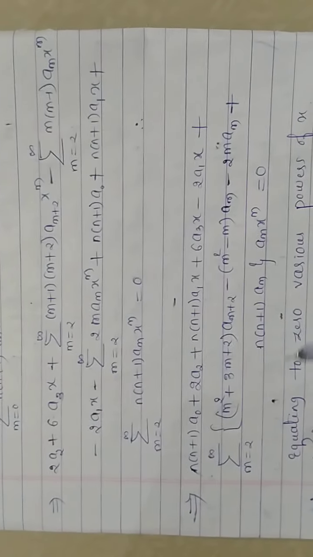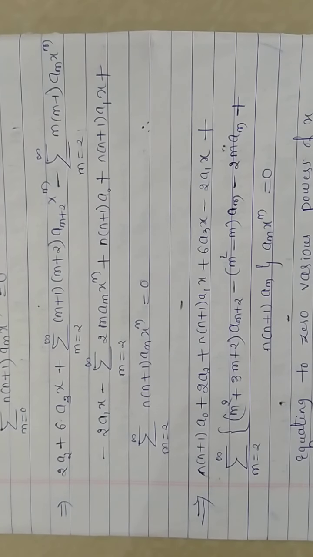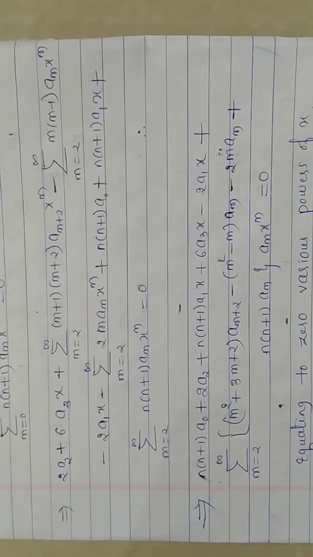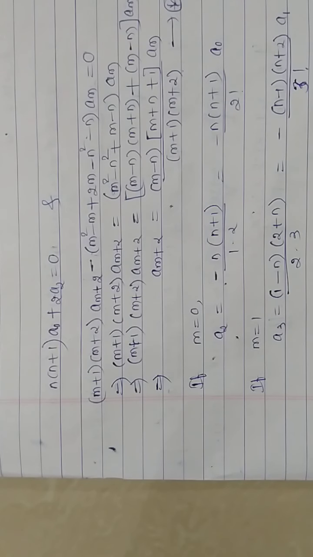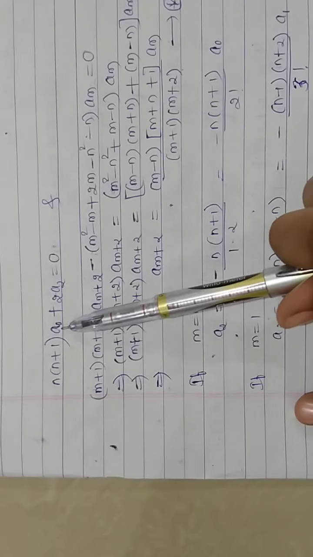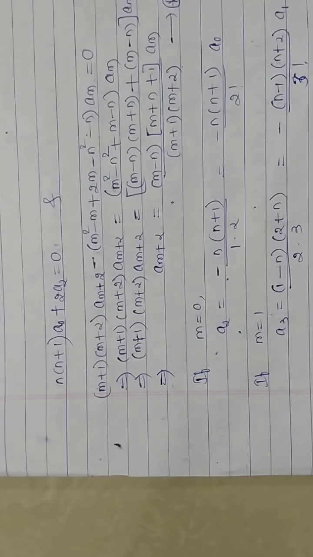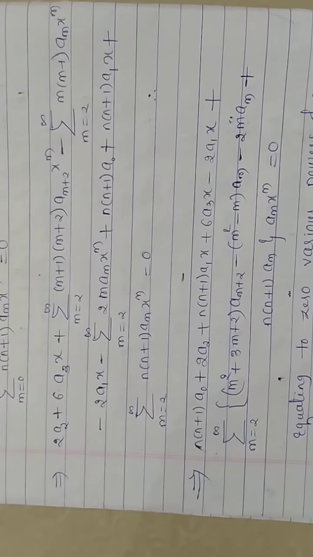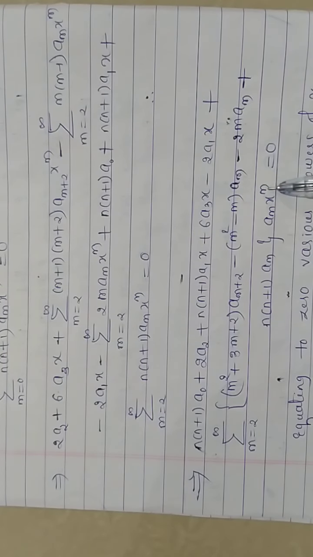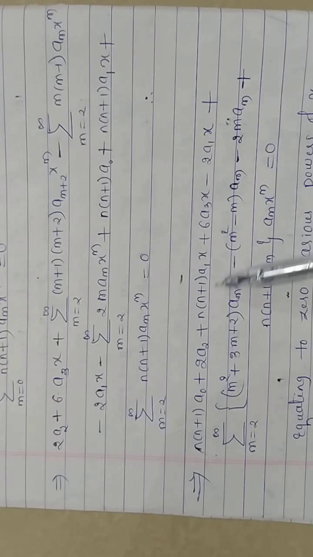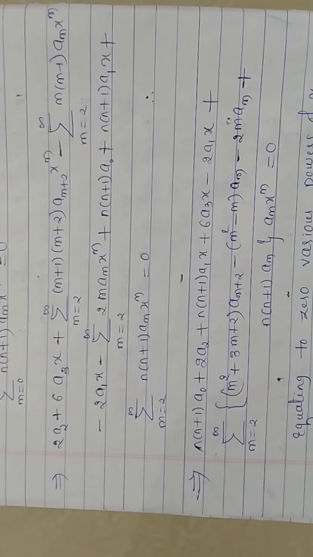Now we have to equate to 0 the various powers of x. So after equating various powers of x, my first power of x is x raised to 0. So the coefficient of x raised to 0 is n into n plus 1 a naught plus 2a2 equals 0, and the next power is x raised to m. The coefficients are these.